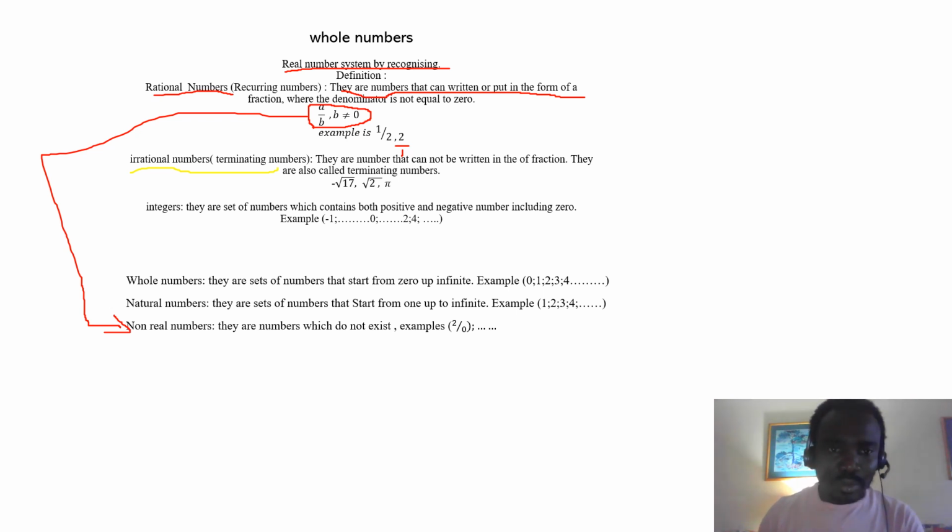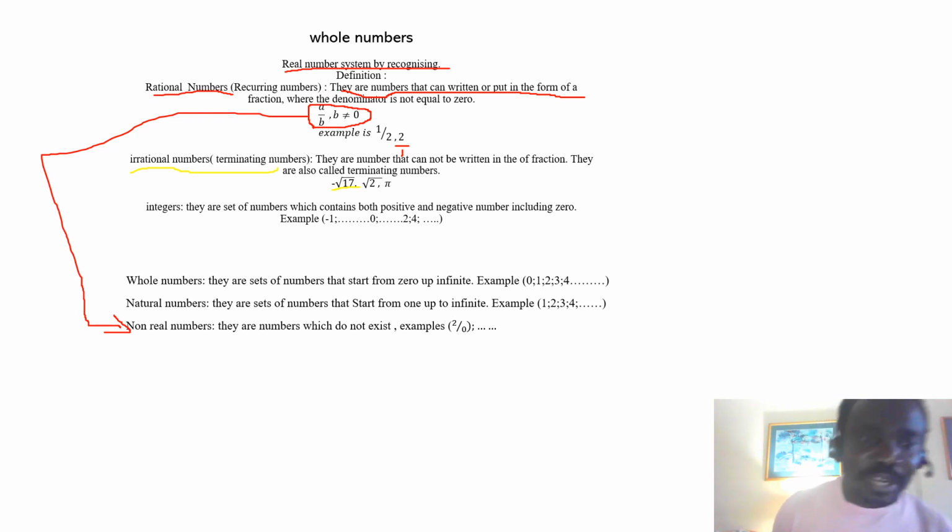Examples are negative root 17, or root 2, which on the calculator will give you 1 comma up to the end, or pi. So that is an irrational number.